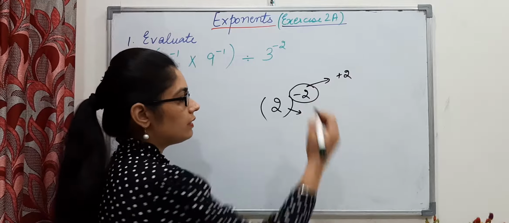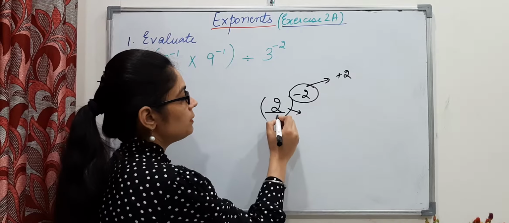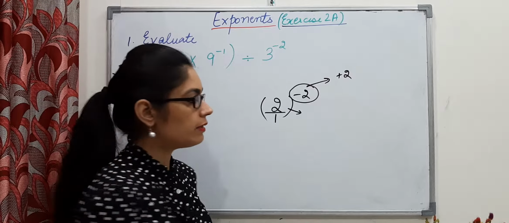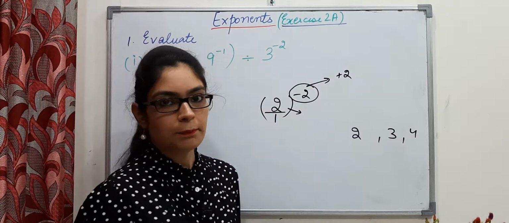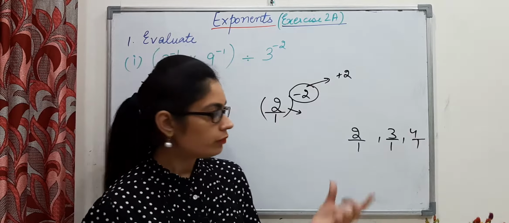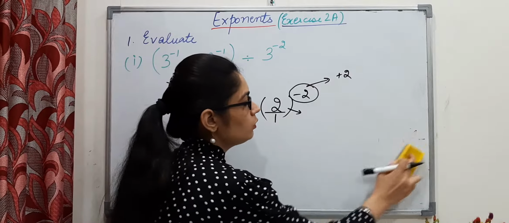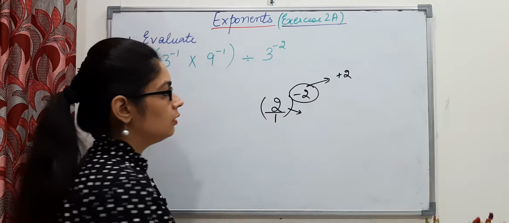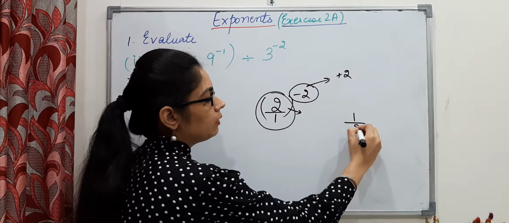If I have x to the power minus 2, with base 2, it is 2 by 1. If I have any single number like 2, 3, 4, we can write it in this form, because if nothing is written, we can write 1. So this 2 we can write as 2 by 1, and then do the reciprocal of this number. It will become 1 by 2.